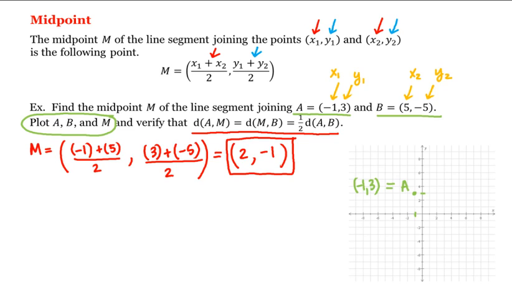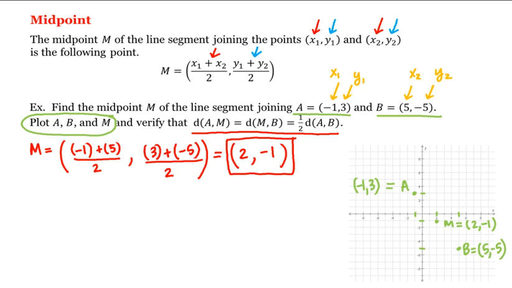B is located at (5, -5). So here's 5, and here's -5. So here's B at (5, -5). And we just found that our midpoint M is located at x equal to 2, y equal to -1. So M is right here at (2, -1).